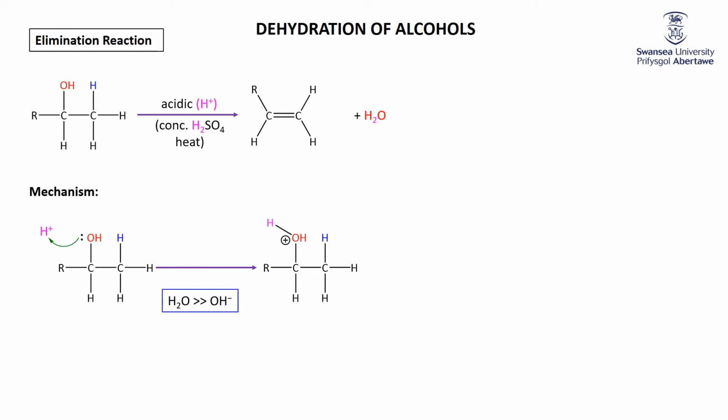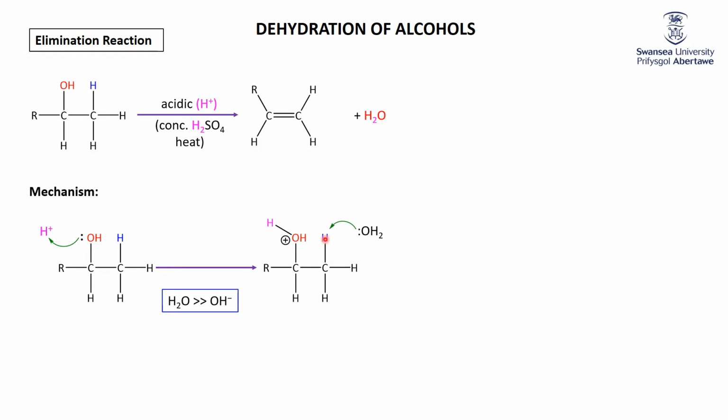Now at this point we have to think about two possible ways in which we can go from this intermediate that has that positive charge and the water bonded onto our alkene. Mechanism number one is that another water molecule comes up and says to the other hydrogen, why don't you come with me? So it donates its electrons to that hydrogen.